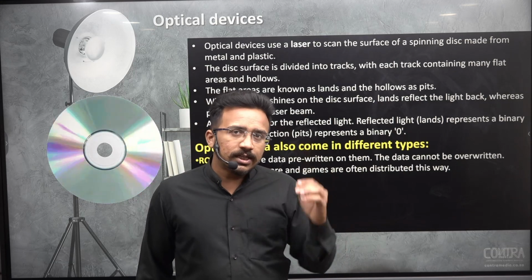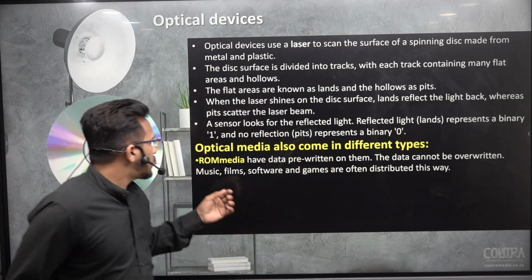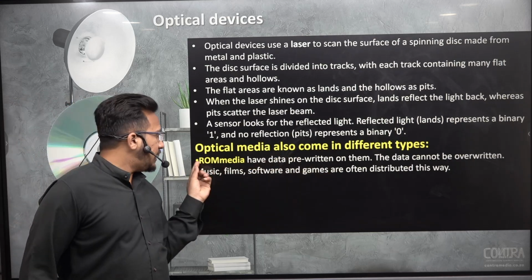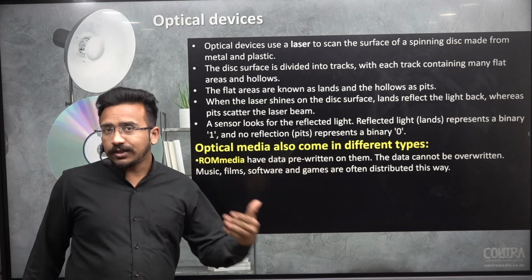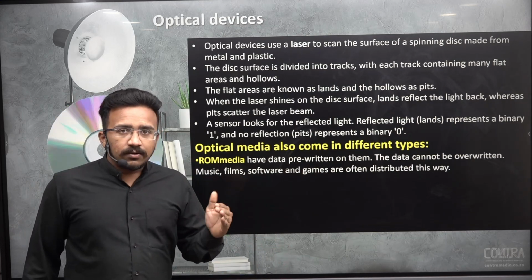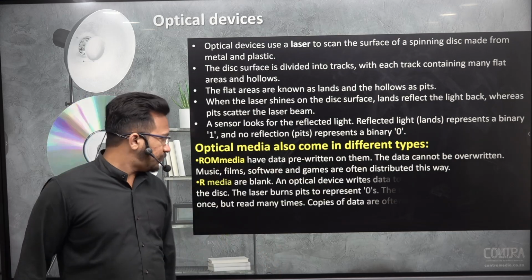You can't write anything over it. That is why it is called ROM, read only memory. It has data written on it, you can't write on it, and it can be written once only. So if we try to copy or paste onto it, it won't work.